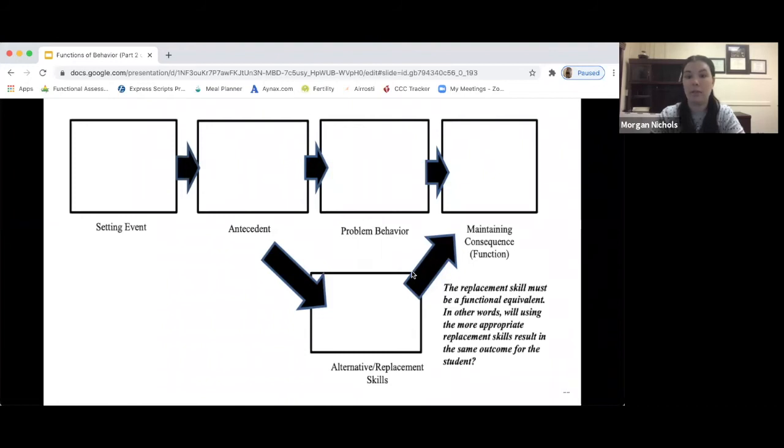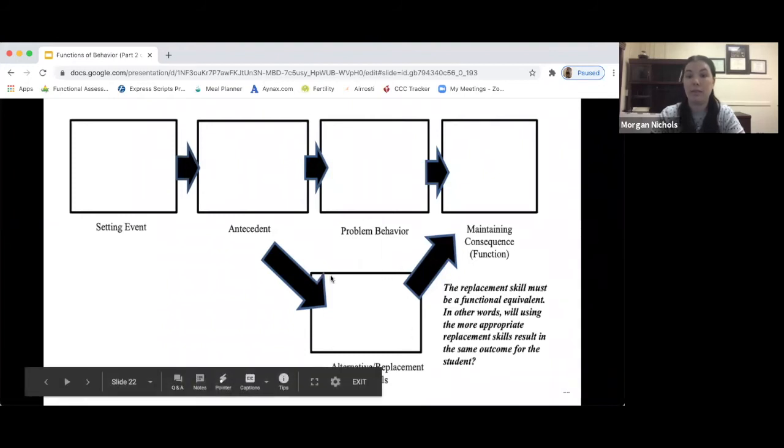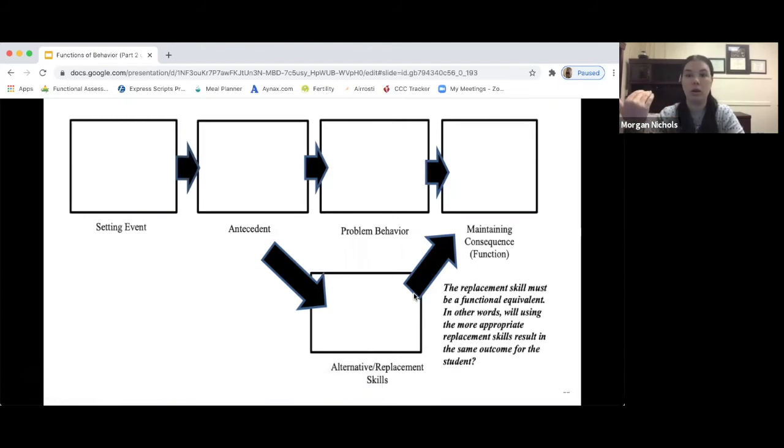So anytime they're doing what we ask them to do, asking for a break in this situation, we need to reinforce that by giving them what they asked for, or giving them praise and attention, and allowing them to escape that situation by putting their head down for a few minutes, or by taking a walk or something like that, right? So that's one way we can make sure that we're dealing with the problematic behavior.